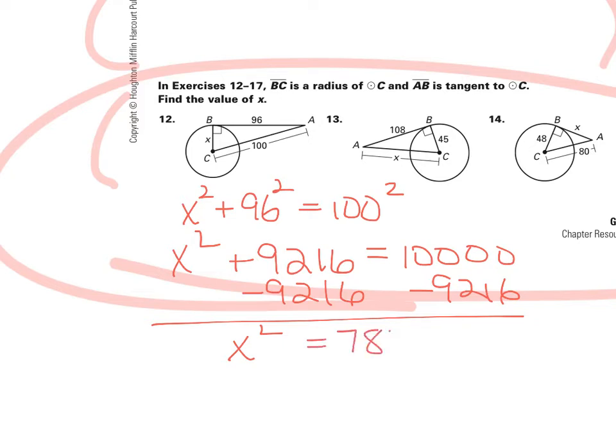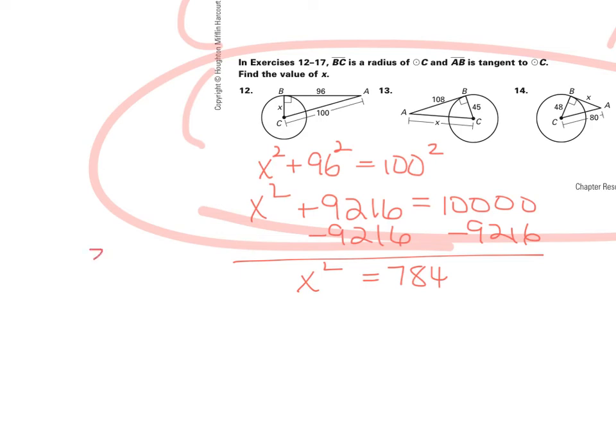784. Now, this is a perfect square, but if you're not sure, what you'll have to do is guesstimate. So like if you knew that 30 squared is 900, you know that's too big, so you got to go lower. So then possibly try 25 or 20. If you did 20 squared, you know that's 400. So it's going to be somewhere in between 30 and 20, and then go from there.